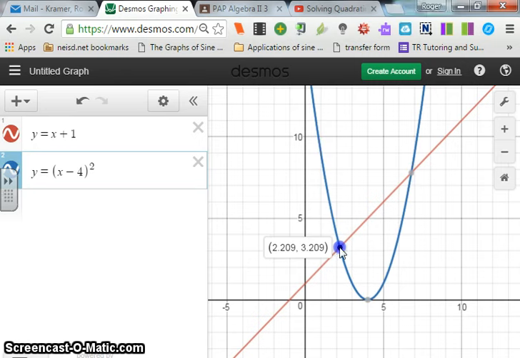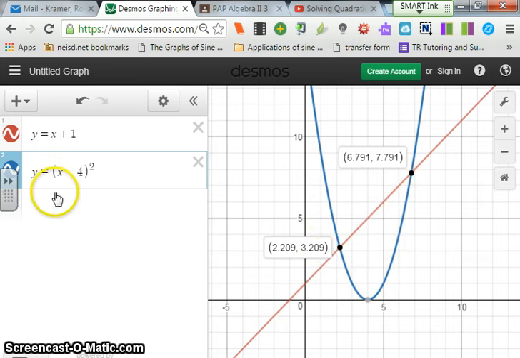Looks like it's going to be about 2.2, 3.2. That would be one solution, approximately. And then the other one, approximately 6.8 and 7.8. So 2 solutions. It's the points that they have in common.